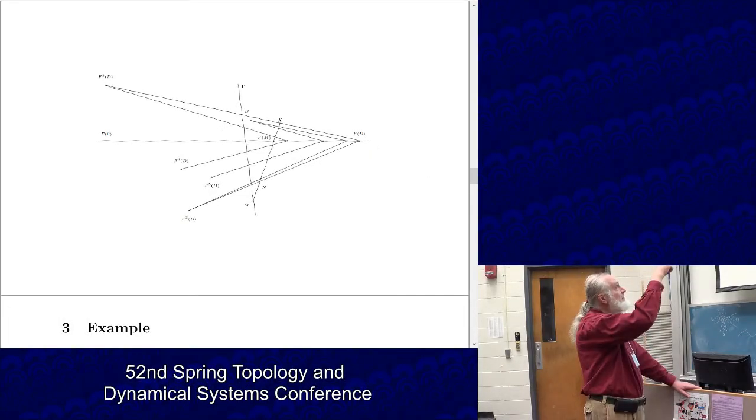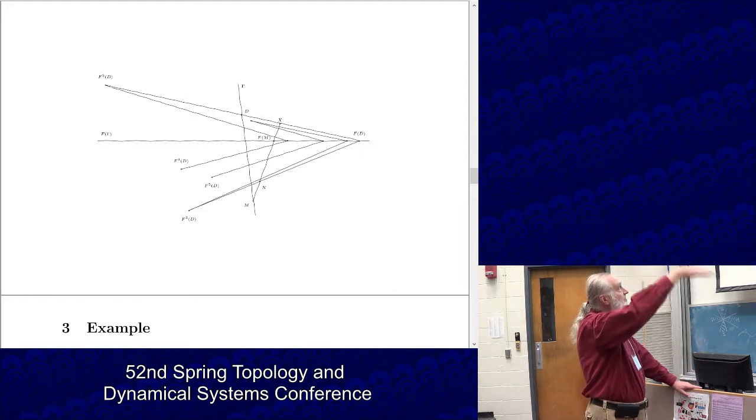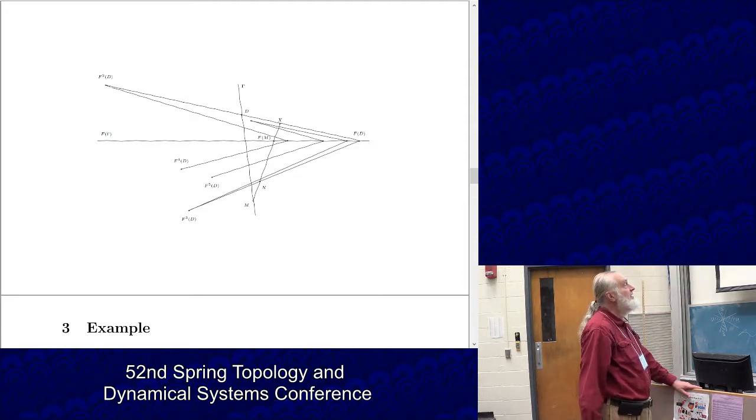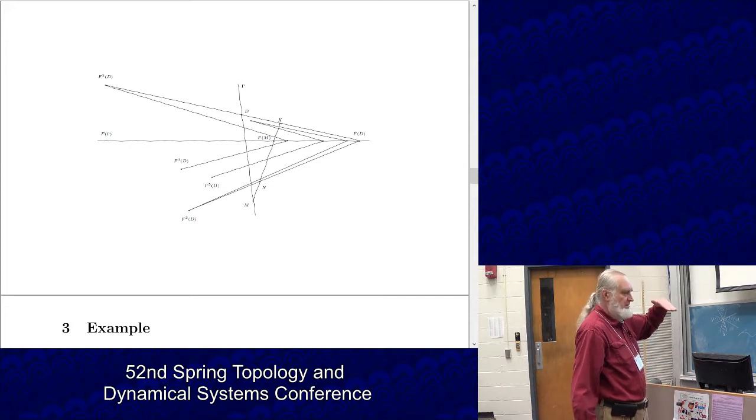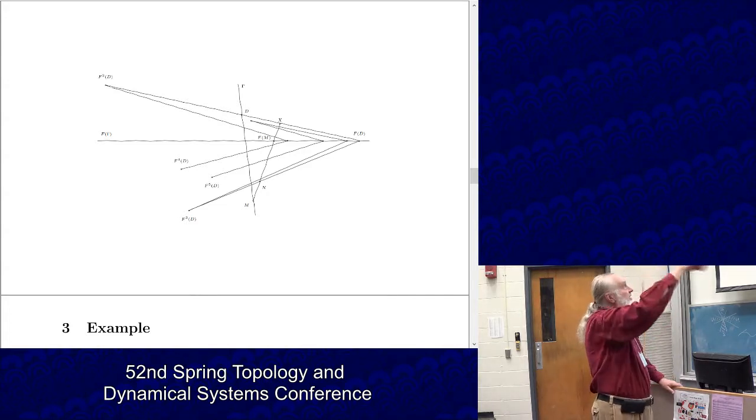Now there is a point called x in the right half plane, which is a hyperbolic fixed point, and this curve, which is in the unstable cone, goes like that.